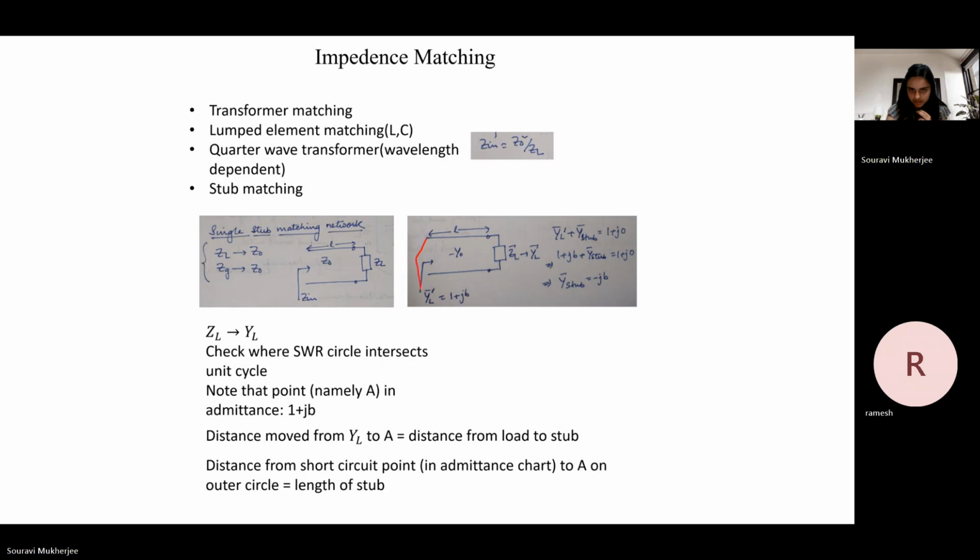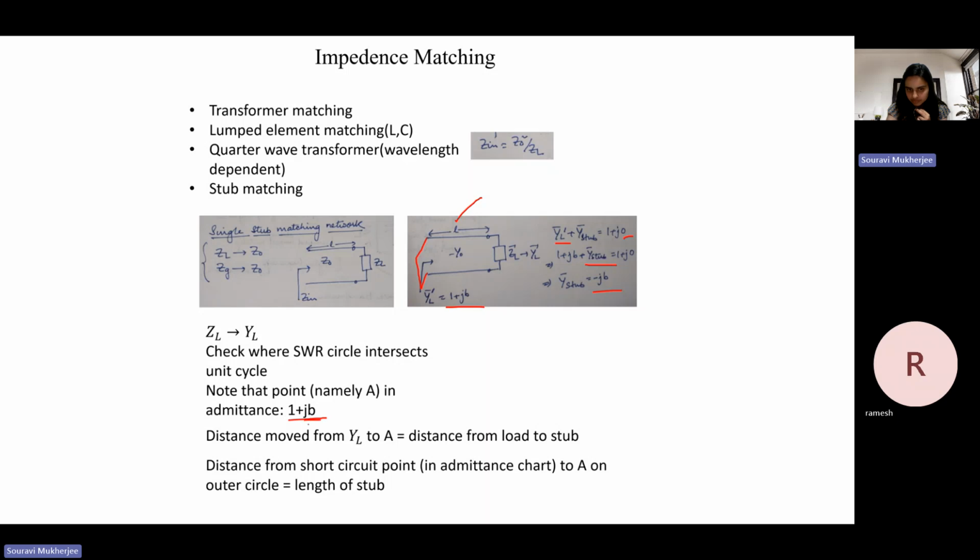The admittance of this stub plus the new admittance value that you have got should be equal to 1 plus j0, because if that is the case, then you have matched it, because the effective reactive part gets cancelled. That tells you that your stub admittance should be minus jB, and the distance will give you this length.